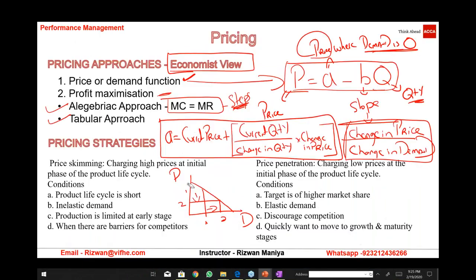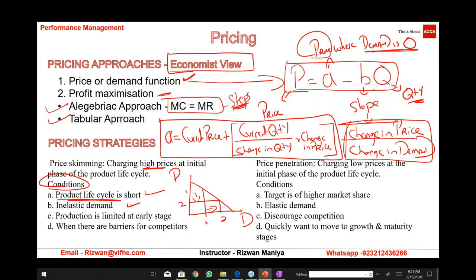Skimming. Skimming is what? When you charge high prices at the initial phase, and the conditions are what? When the product life cycle is short, you use skimming so that by charging higher prices, you can easily enter into profits. When there is inelastic demand. What is inelastic demand?